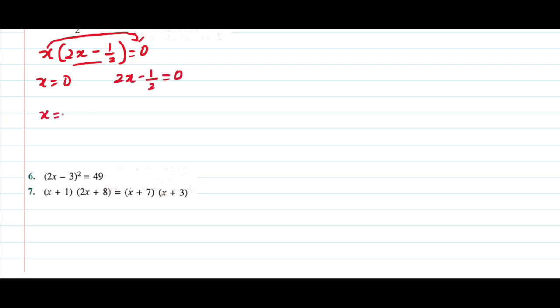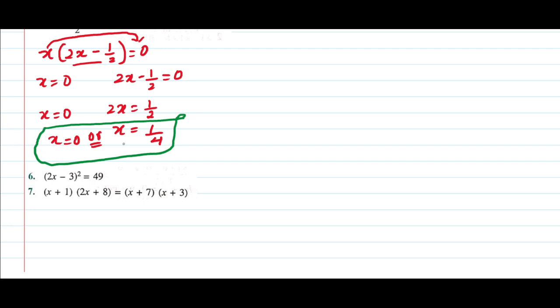So 2x equals half and x equals 1 divided by 4. So I'll get x equals 0 or x equals 1 divided by 4. This will be the answer.